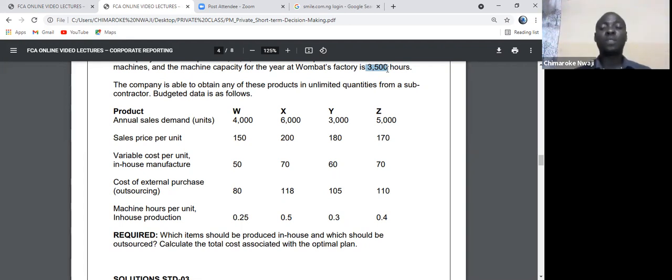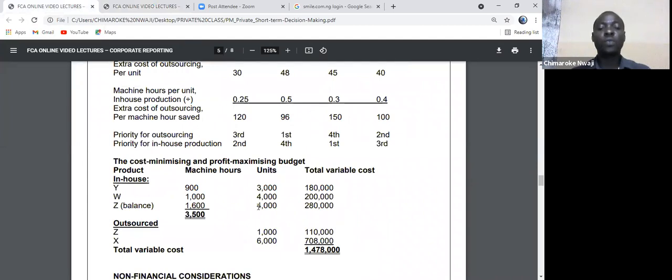So how many of Z can we do in 1,600? What we'll do, we will divide 1,600 by 0.4. And that will give us 4,000. So it means out of this 5,000, we are going to do 4,000 ourselves. So you see it here, we do 4,000 ourselves, and we are outsourcing 1,000 to the outsource unit.